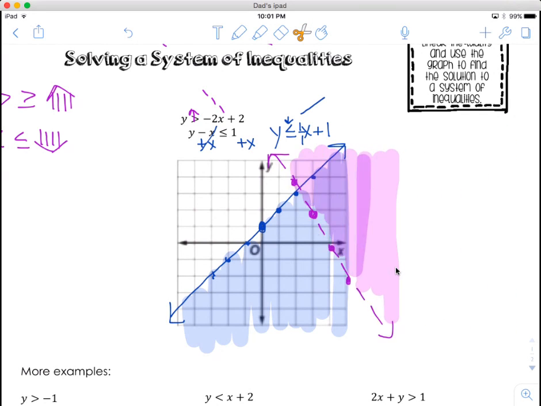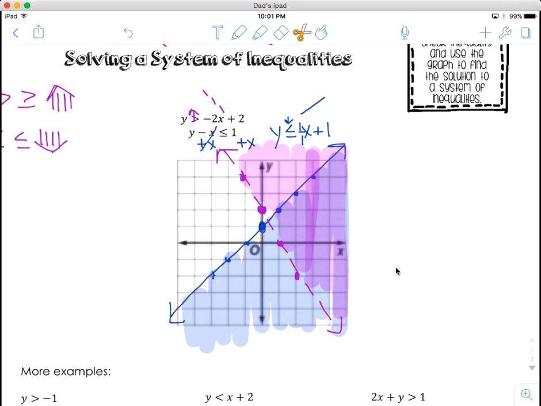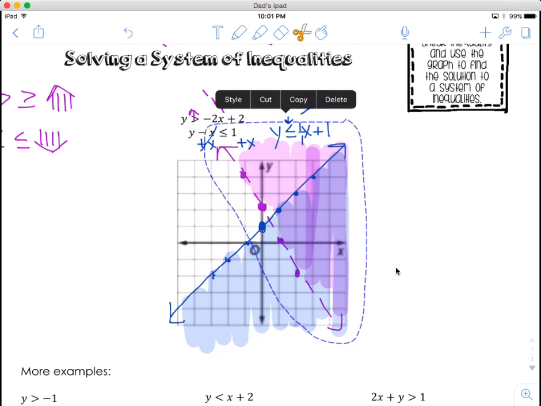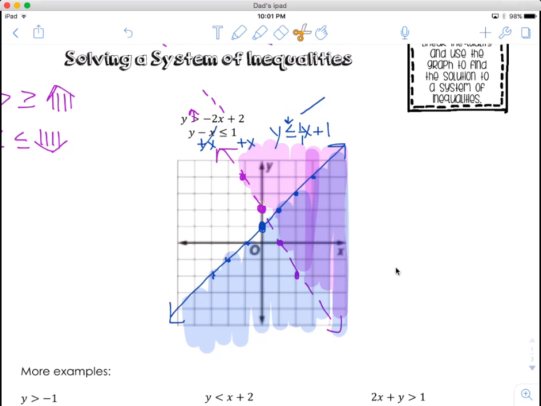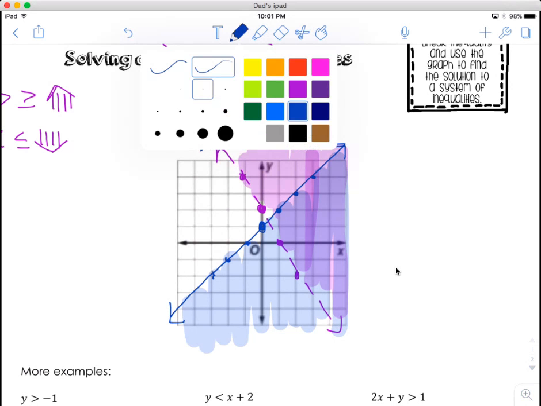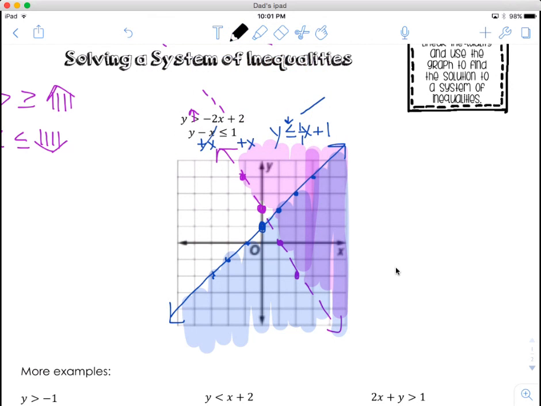So what I'm going to show you is what happens when we bring those two together. A system of inequalities is where both of those overlap. So if I wanted to shade the solution, it is the area inside of the dotted or solid lines where they overlap.